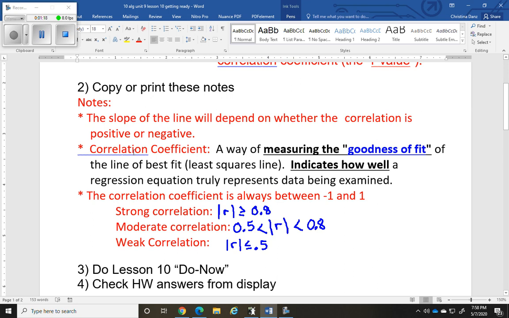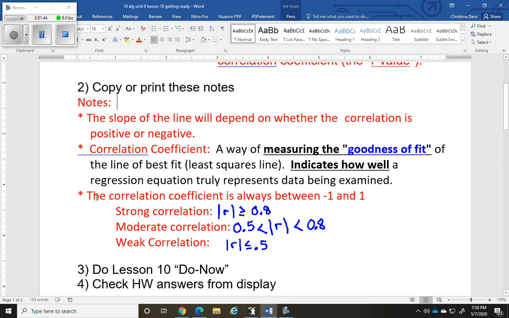The correlation coefficient, that's what we're learning about today, is a way of measuring the goodness of fit, like how good of a fit something is. It indicates whether the regression really fits that equation that we find very well or not.